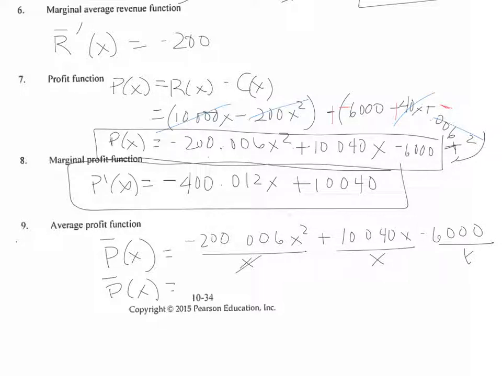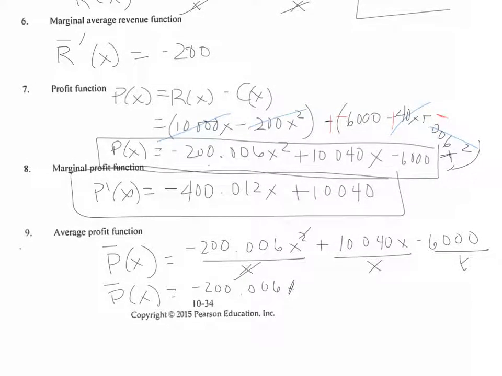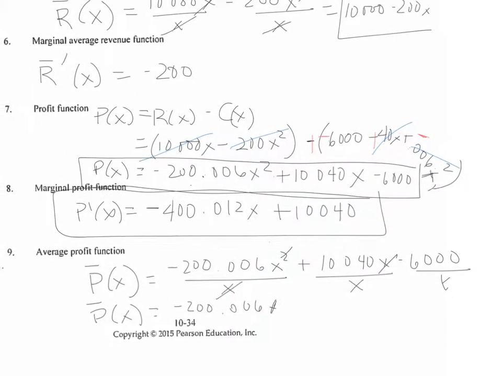The x on bottom takes out one of the x's on top. So that's a negative 200.006x for the first term. What happens in the middle? Yeah, the x's cancel, so I have a plus 10,040. And the last term, do we want to leave the x on bottom when we write it?